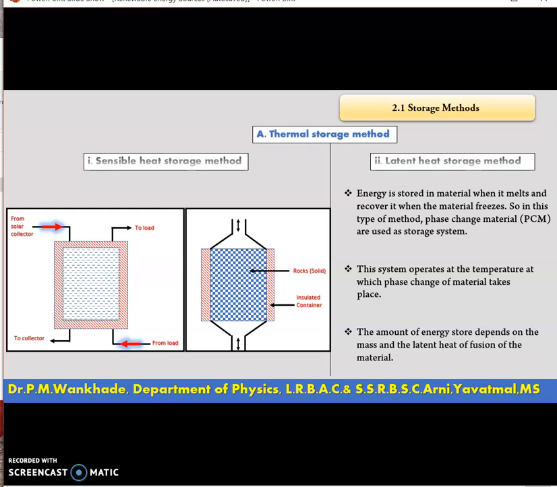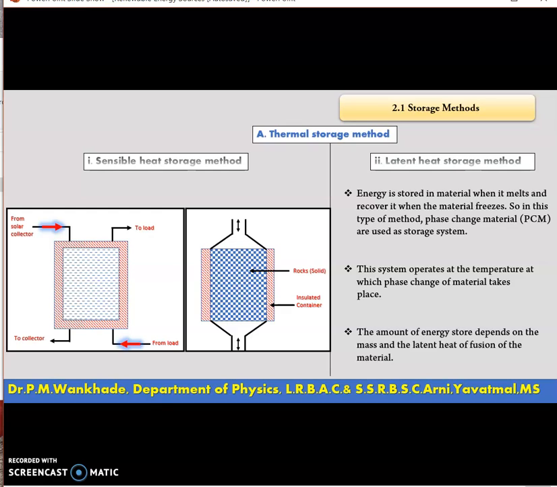Another possibility is the availability of solar energy at a particular place. At some places the intensity of solar radiation is quite high as compared to other places. Therefore, at that place we have to store the energy and utilize it somewhere else.